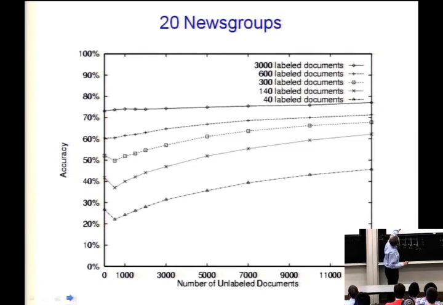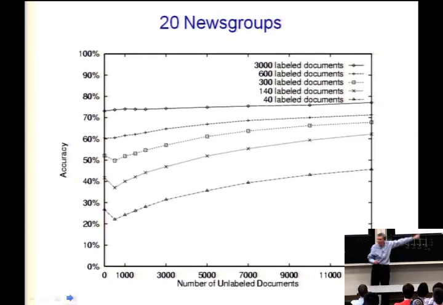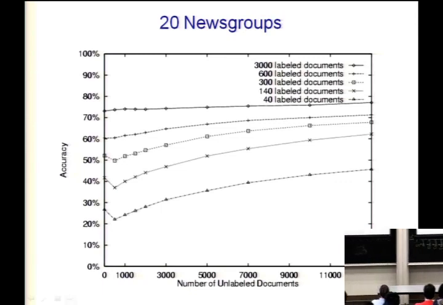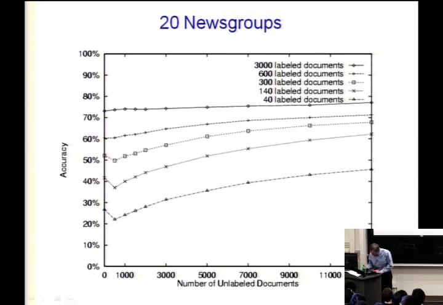And you also see that each of these curves corresponds to a different number of labeled examples. So for example, this one is the 3,000 labeled, and this one is the 40 labeled.